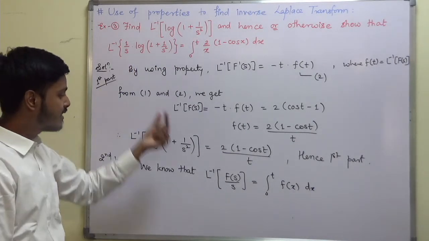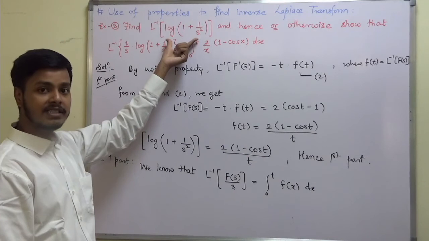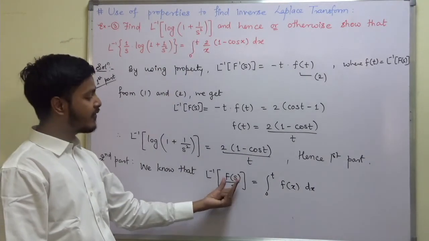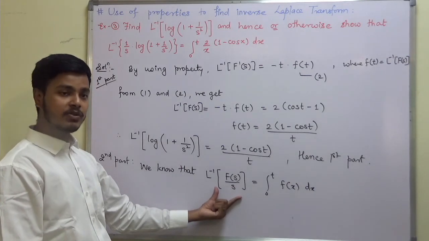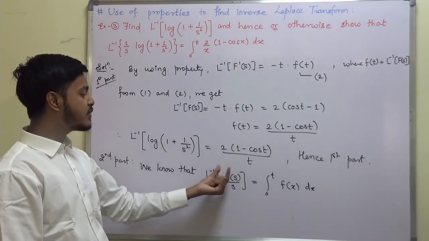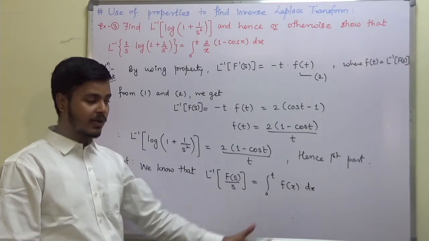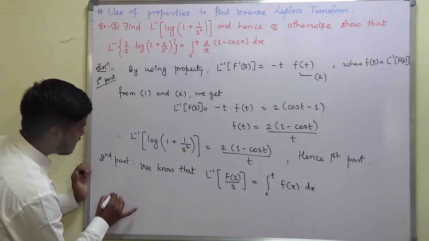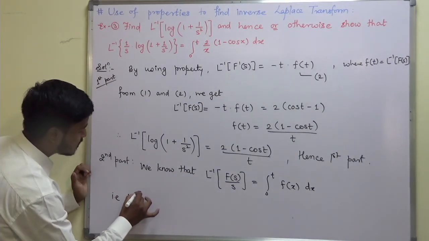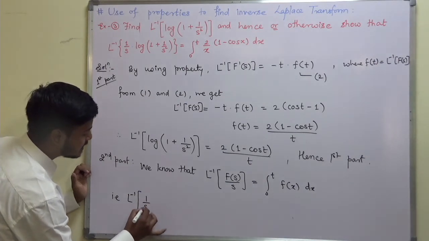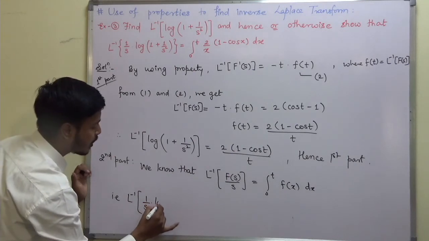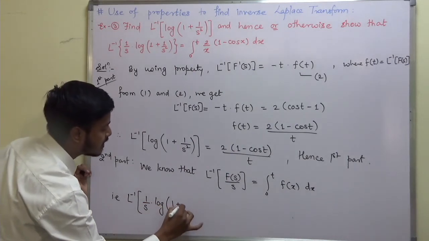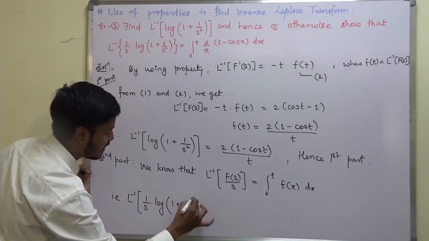What is this function? We have written this as F of s. So F of s upon s, and you know the property of this. So L inverse of 1 by s times F of s, where F of s is log of 1 plus 1 upon s square.